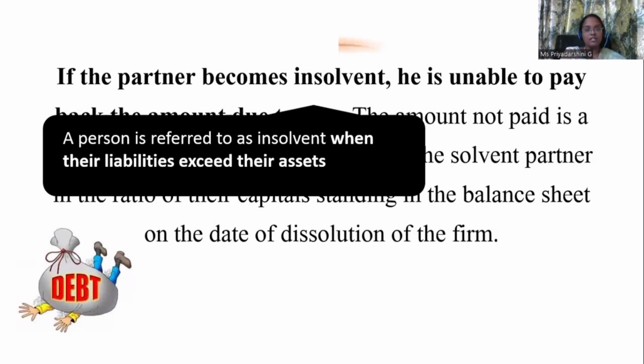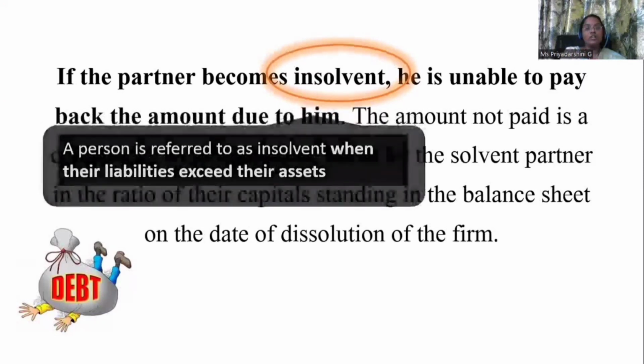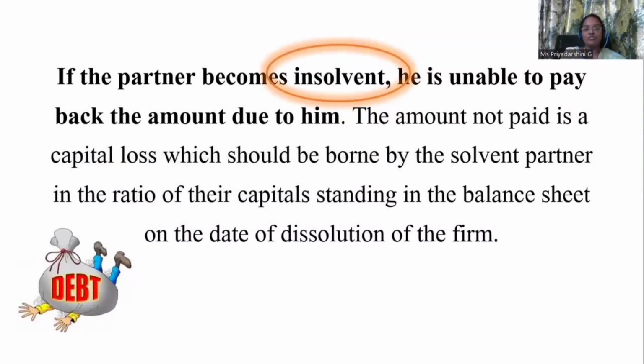If the partner becomes insolvent, he is unable to pay back the amount due from him. The amount not paid is a capital loss which should be borne by the solvent partners in the ratio of their capital standing in the balance sheet on the date of dissolution of the firm. So the insolvent partner, who is declared insolvent, is not able to pay back his losses to the firm.